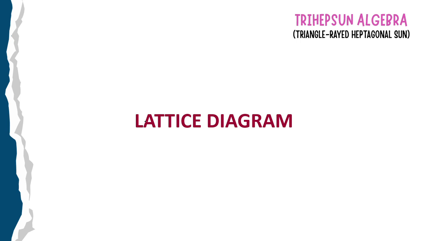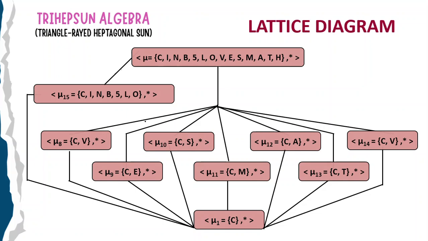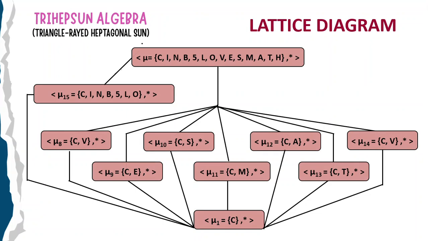So we can conclude there that all of those are subgroups, since it satisfies the condition close, associative, has an identity element and has an inverse element for all. So we have here the lattice diagram. So in our lattice diagram, we have here on the top the improper subgroup.